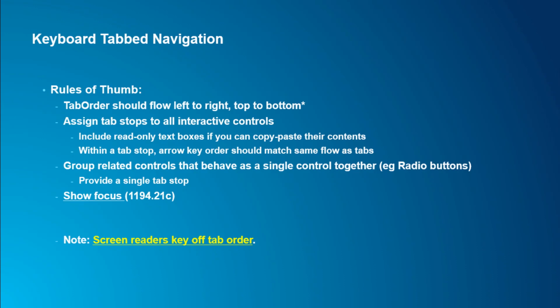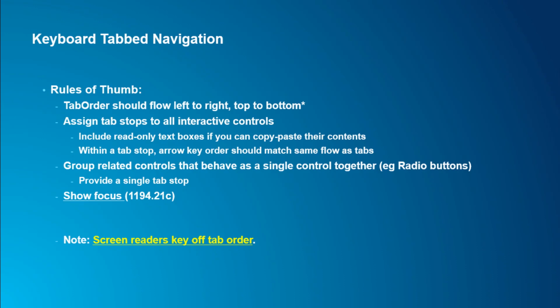One of the most important things is that anything that you can do with a mouse, you should also be able to do with a keyboard, okay? And when you're doing keyboard-only access or navigation, it's really important that the tabbing works correctly. For the most part, you want your tab order to flow from left to right and top to bottom.